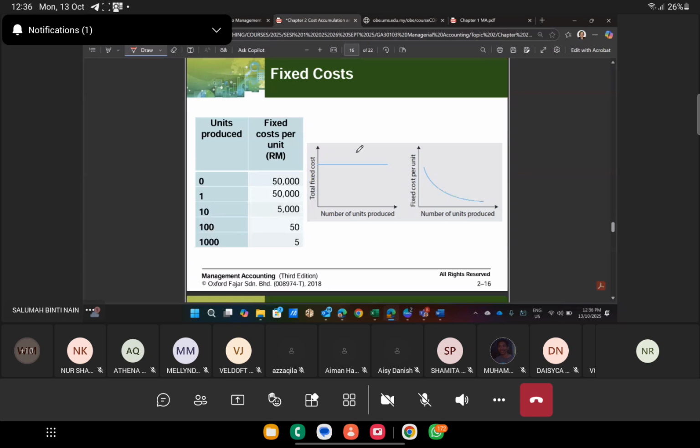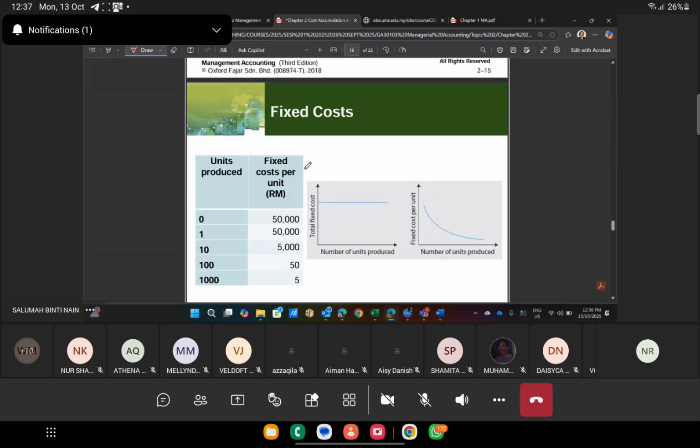So this is an illustration of the fixed cost. Like I mentioned just now, we are paying the rental at 1,500. So even though the number of units we sell increases or decreases, it is still a fixed cost of 1,500. We are still paying the rental at 1,500.